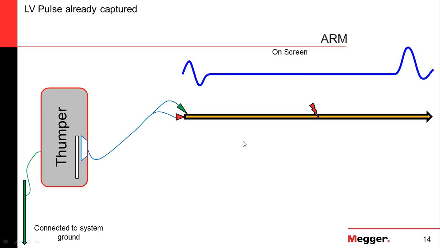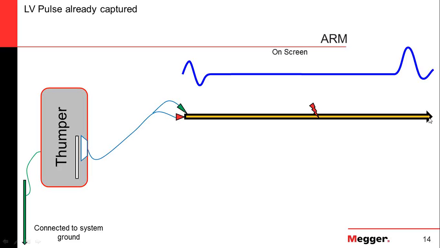I'm not sure if I'm answering the question, but we're not going to interrupt any of the system grounds. We leave it exactly the way it is. We follow our safety procedures. We hook our thumper up, which, by the way, is hooking the radar up at the same time. We're using the same cable for the radar and the thumper, and the far end is stood off.